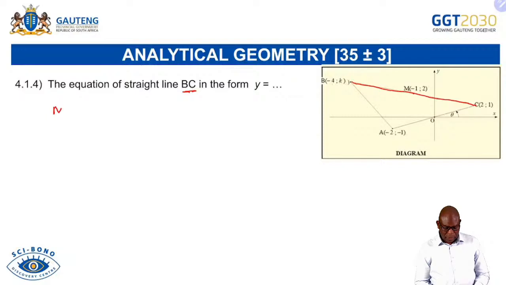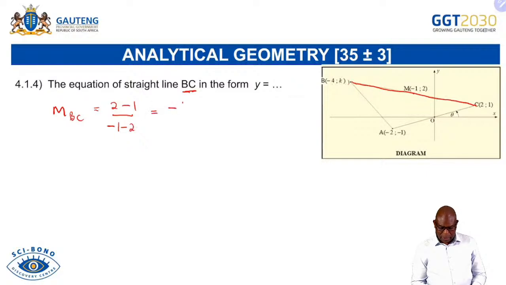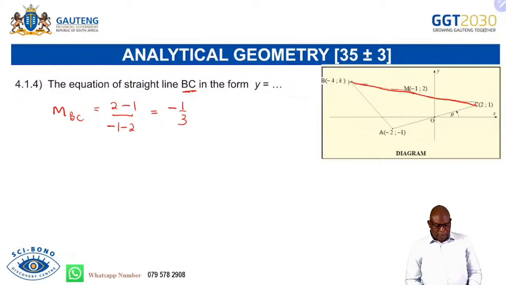So the gradient of BC will be 2 minus 1 all over negative 1 minus negative 2, and then I'll get negative 1 over 3. Can you see? This one is a decreasing function. Once I get the gradient of BC, then I can use any of the points here. I prefer to use the one with the positive values.